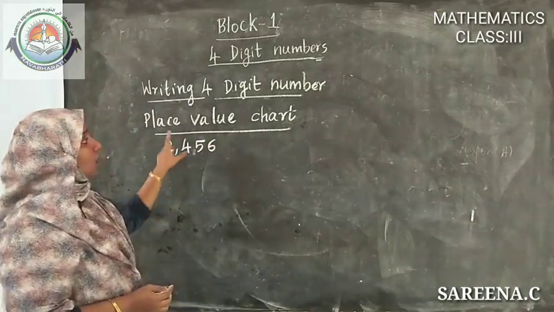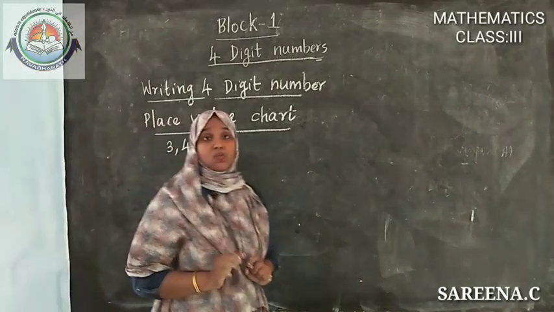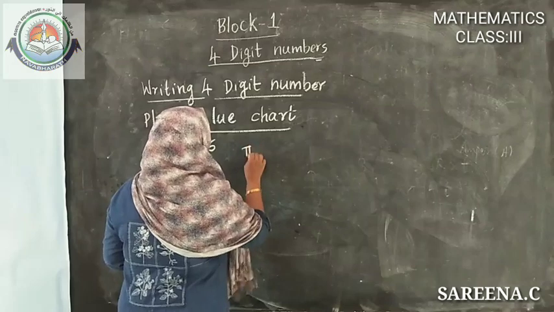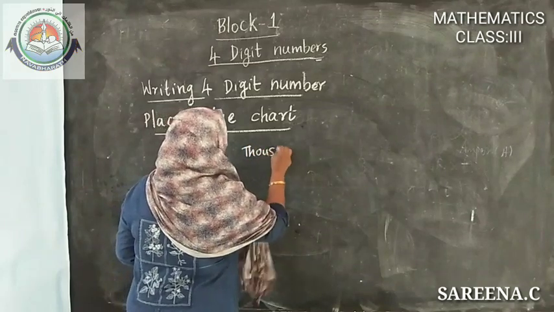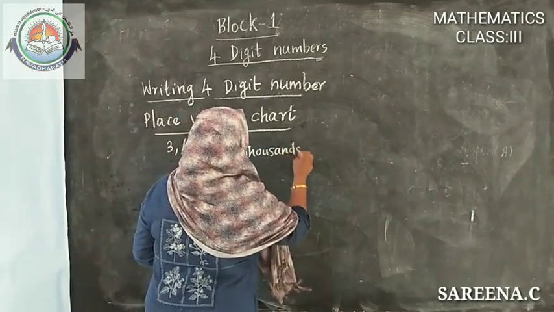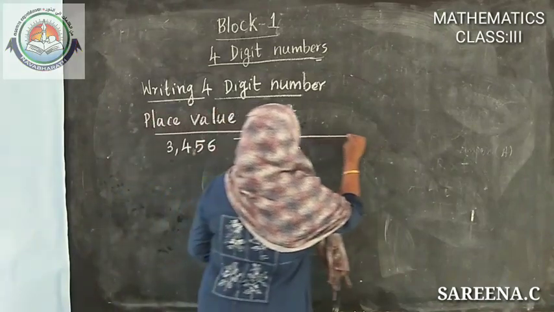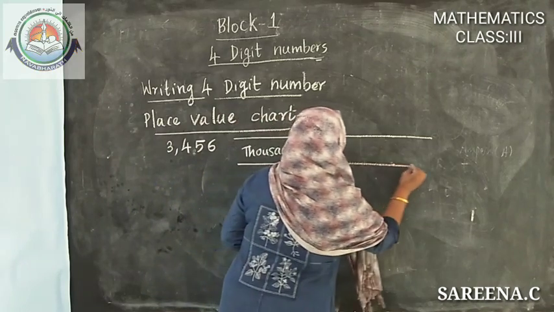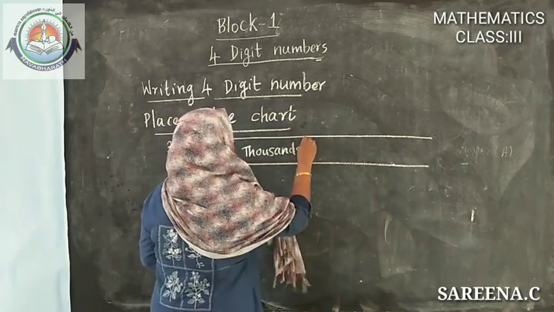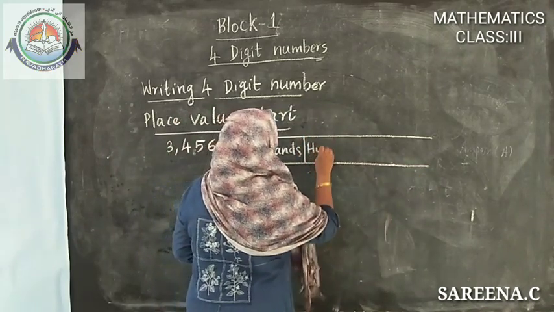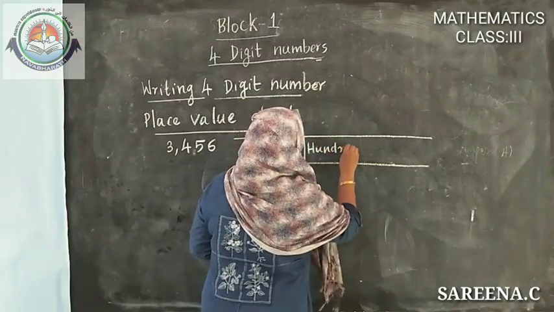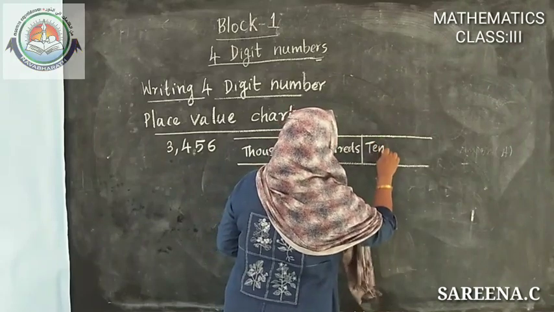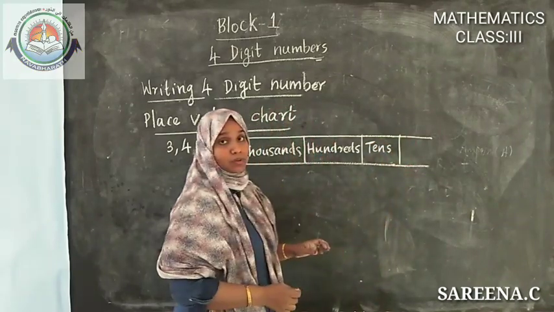We can see how to write a place value chart. First we have to write thousands, next column hundreds, next tens, next ones.